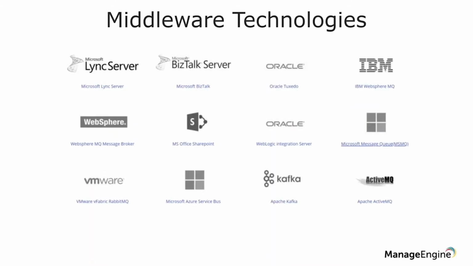The next category is middleware technologies. So all commercially available middleware such as IBM WebSphere MQ, WebSphere Message Broker, MS Office SharePoint, BizTalk, Lync Server, and open source middleware such as Apache Kafka, ActiveMQ can be monitored in Applications Manager.